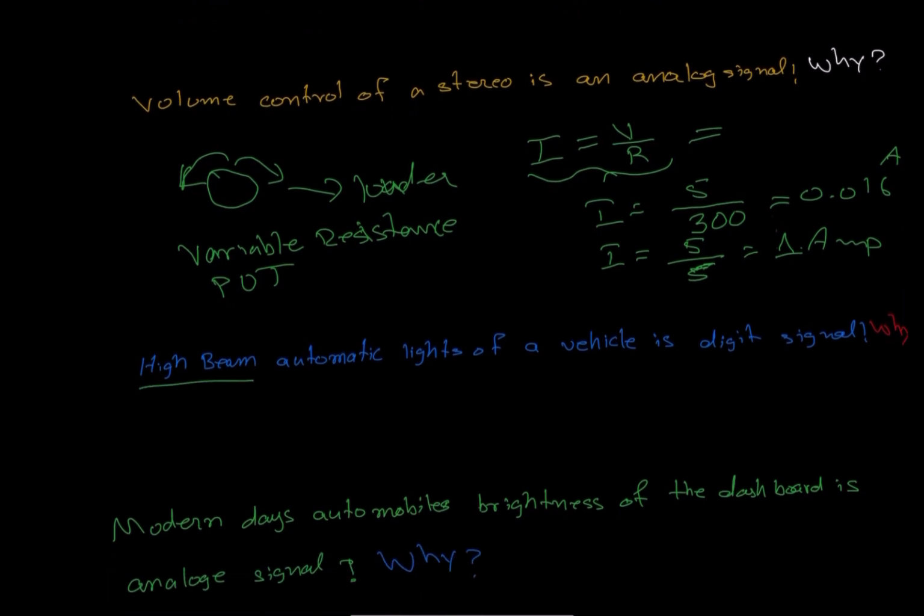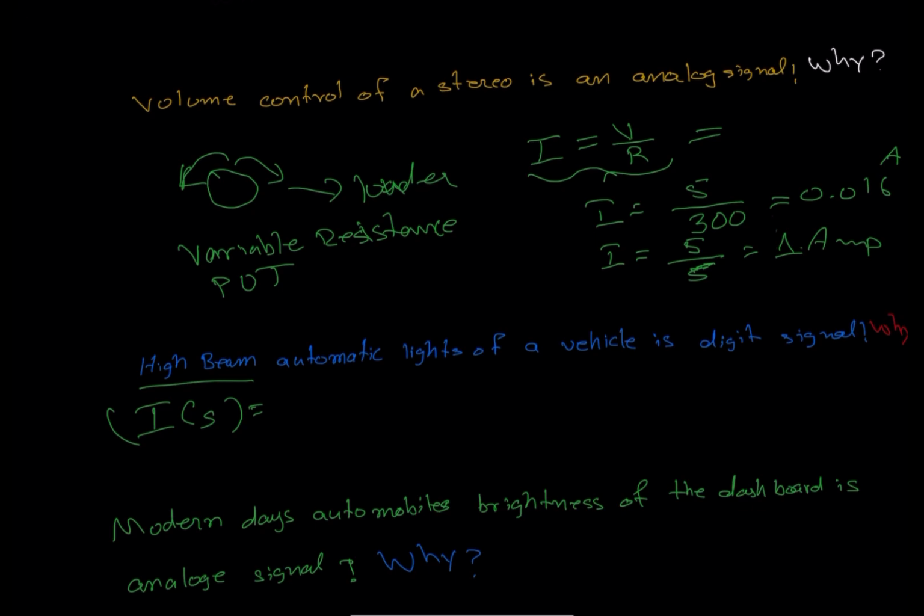Now the second question here is: the high beam automatic lights of a vehicle is a digital signal. Why? So how does this work? I talked about ICs or integrated circuits before. A modern vehicle, my Cadillac for example, has more than 20 computers or somewhere like that. Each circuit board or each IC is designed for a specific job.